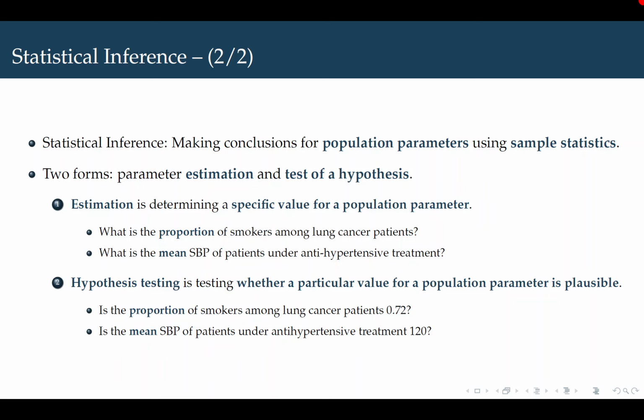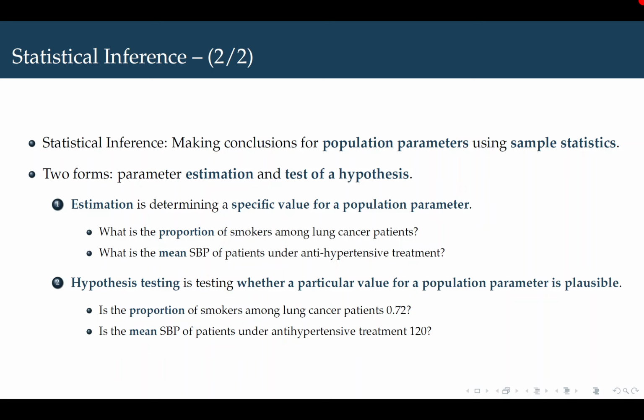Similarly, if we say, is the mean systolic blood pressure of patients under antihypertensive treatment 120? So here the population parameter of interest is the population mean systolic blood pressure, and we are interested in testing whether 120 is a plausible value for the population mean systolic blood pressure of patients.